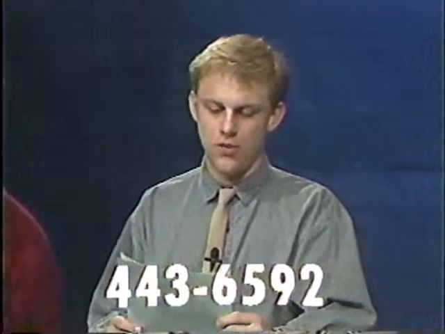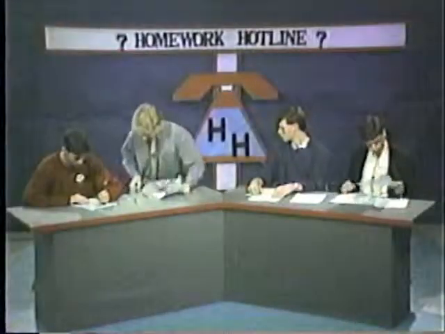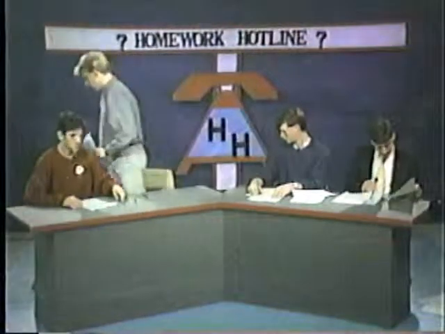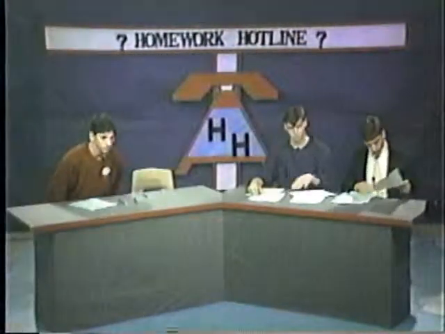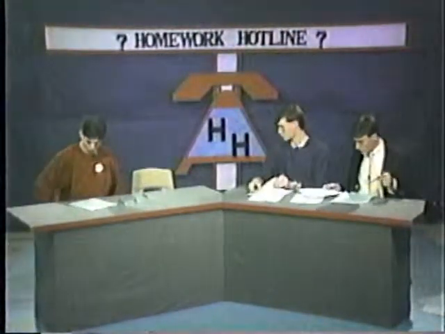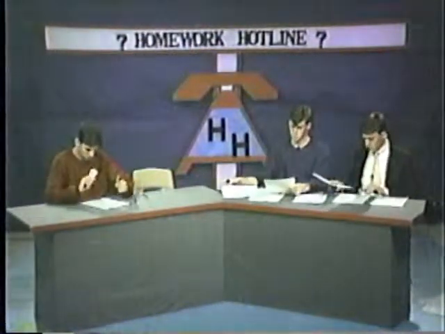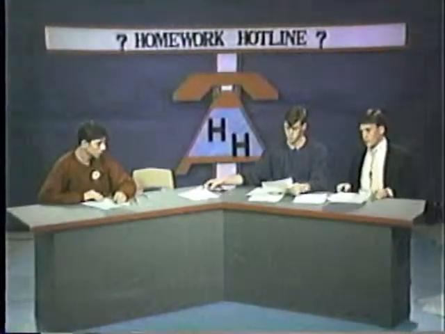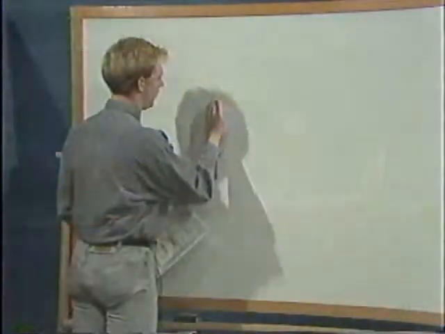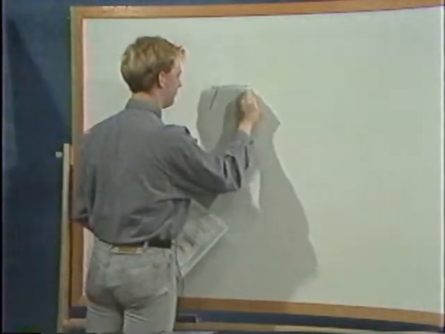My next question is a math question from Tressa, a fourth grader at Concord. She wants to know the dividend of 1,507 divided by 5. This will probably be best worked at the board. First, you set up the problem.